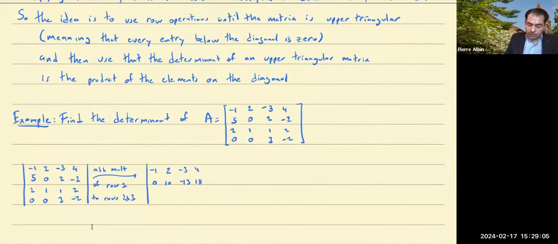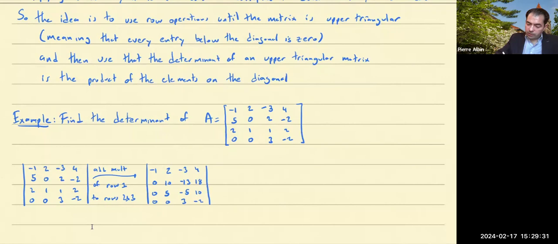Then, to get rid of this 2, I multiply this row by 2 and add it to this one. Right, so I end up with 0, 5, -6 plus 1 is -5. And then 4 times 2 is 8, plus 2 is 10. And then I'm not going to do anything to the last row.